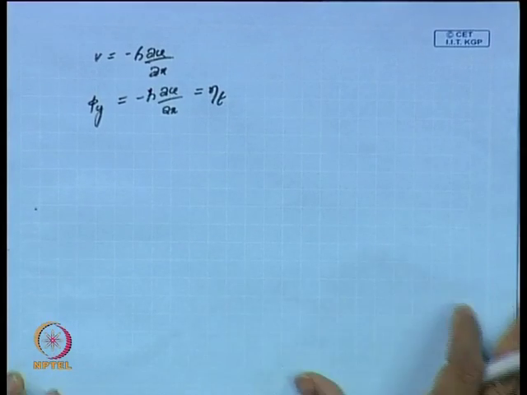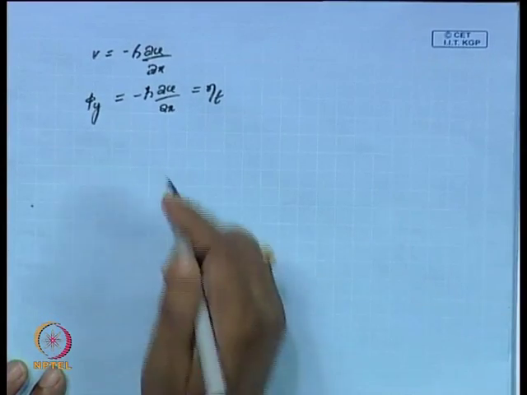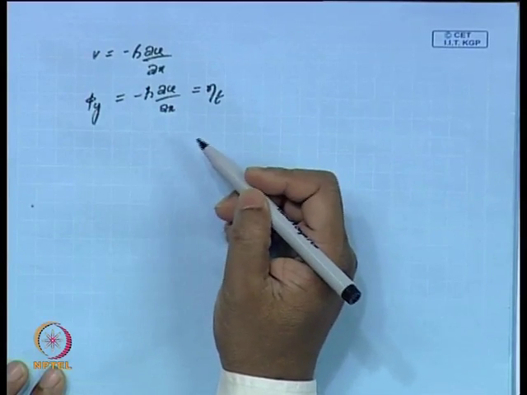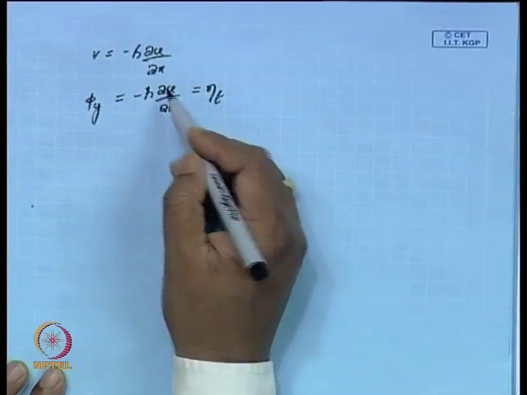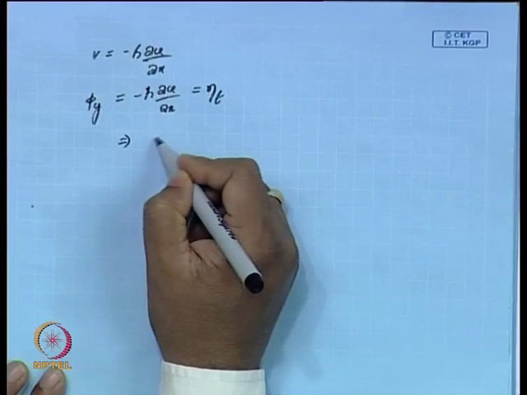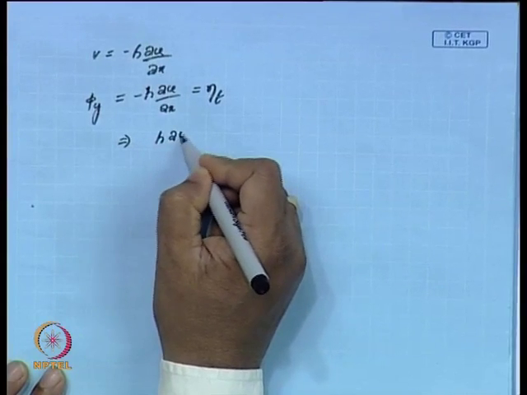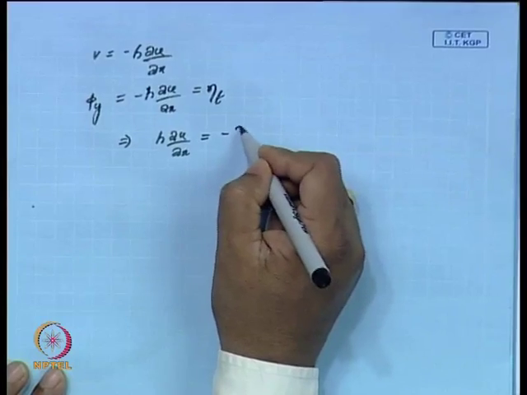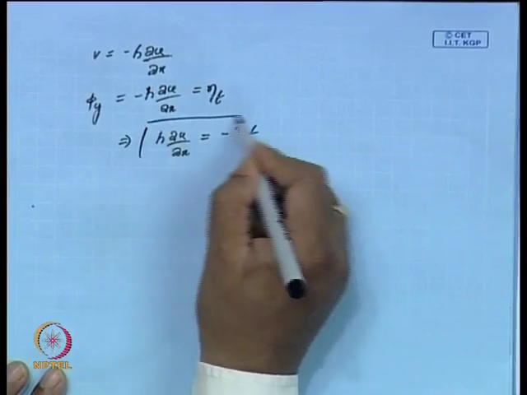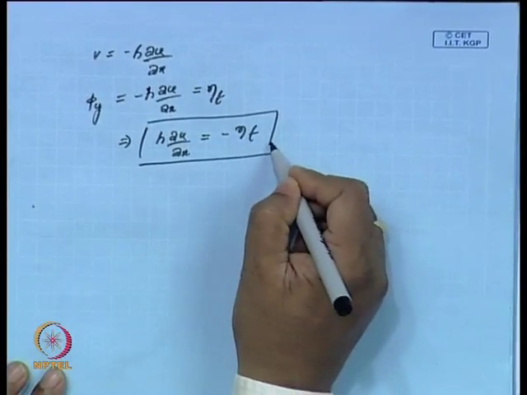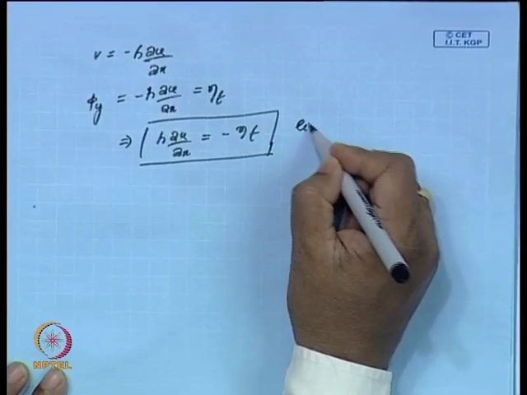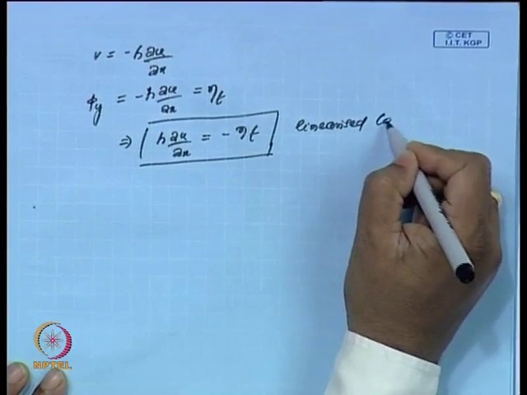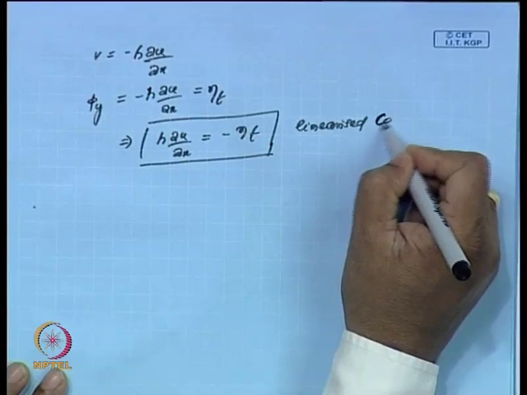So, this is what I get. So, from this I can easily get h del u by del x is equal to minus eta t, and in fact, this is the linearized continuity equation for long waves.